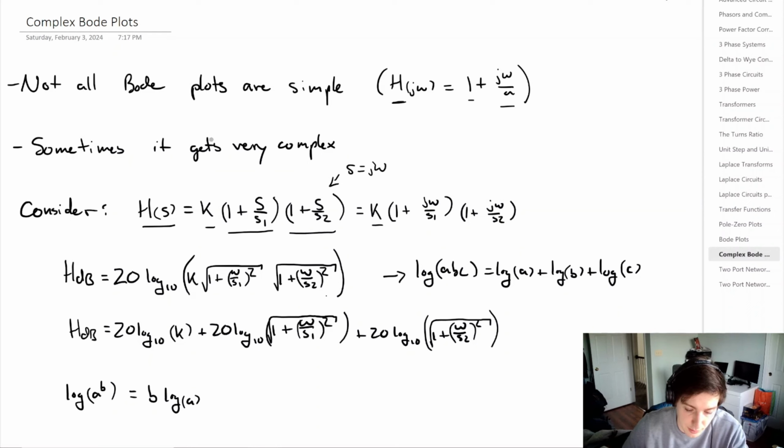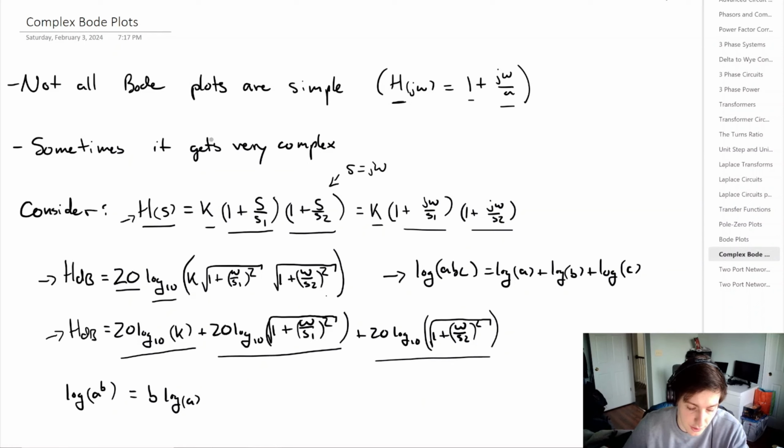So we just make a substitution for s equal to jω, and then we recall our relation to find the dB value of H. From this, we're going to use the property for logs, where we have log of a times b times c, and that can be expressed as log of a plus log of b plus log of c. That allows us to expand that equation above into 3 terms, the first term, the middle term, and the last term.